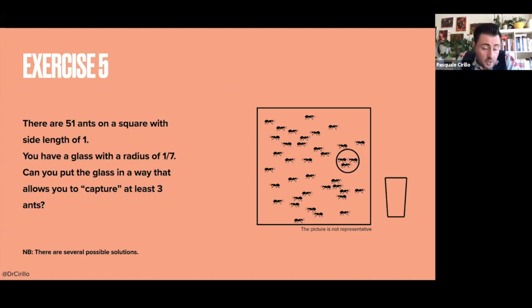In particular, we have to decide how to tessellate, how to split the square into smaller areas.